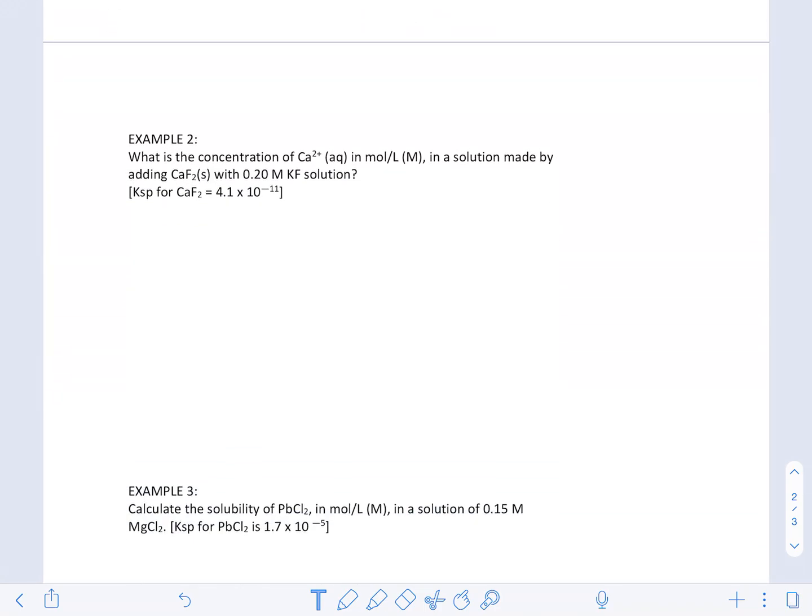For the second example here, we have calcium fluoride, and in addition to that, we have 0.2 molar of KF. Once again, we're going to assume that KF fully dissolves into potassium ion and fluorine ion.